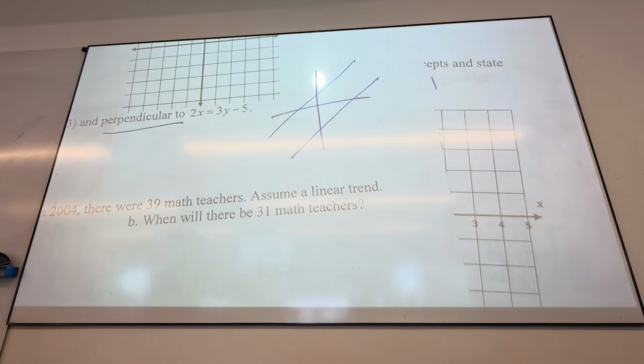So this is beautiful. If two lines are parallel, exactly the same slope. If two lines are perpendicular, completely opposite. So how many ways is there to be opposite? What's the opposite of 2? Well, either negative 2 or 1/2. So in this case, you do both.